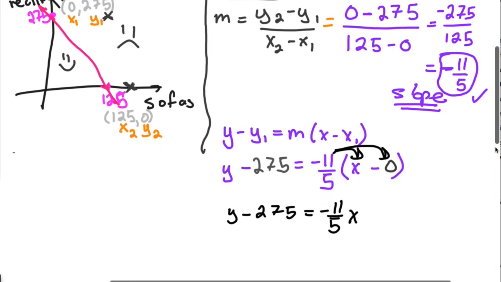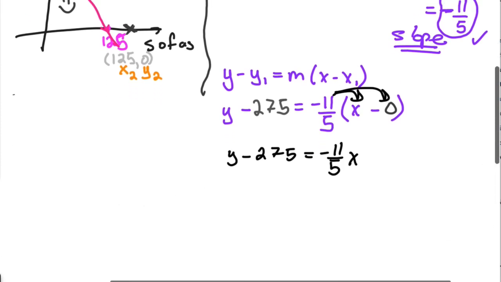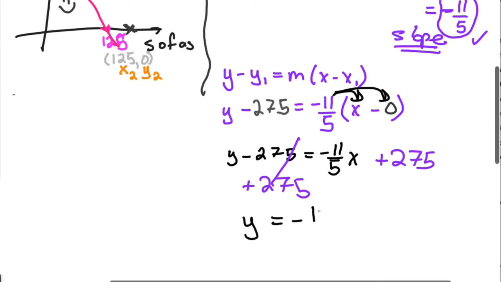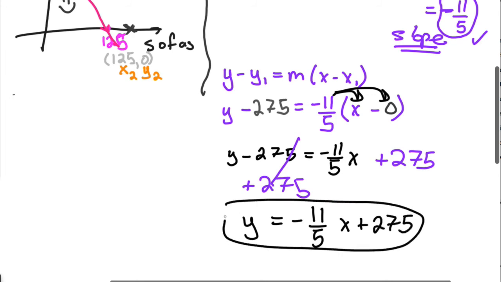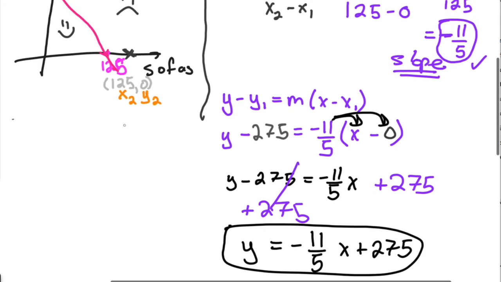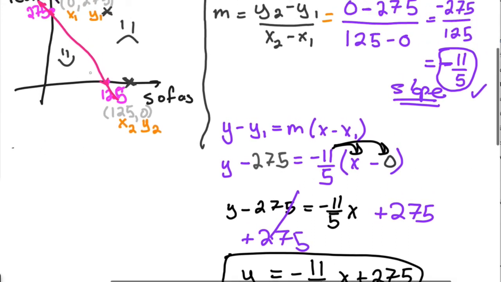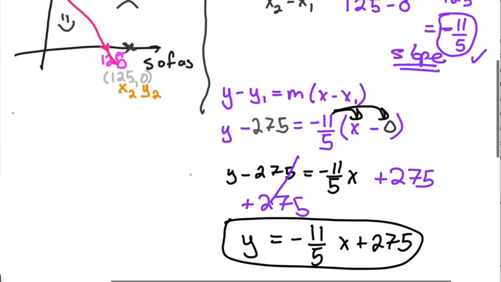And last but certainly not least, you add 275 to both sides to end up with your final equation of the line, which is y equals negative 11 over 5 x plus 275. This is the equation of the pink line that I drew up here.